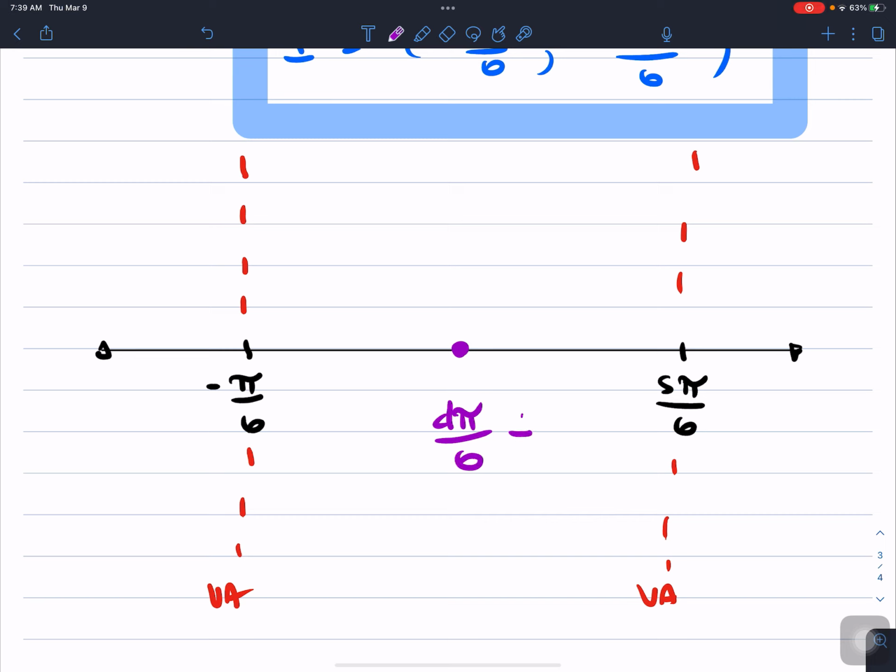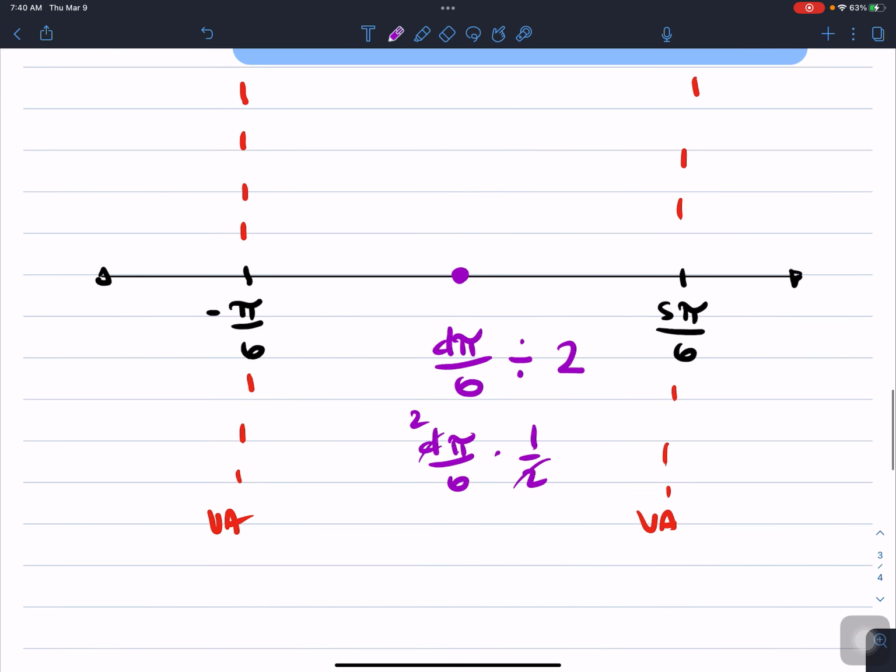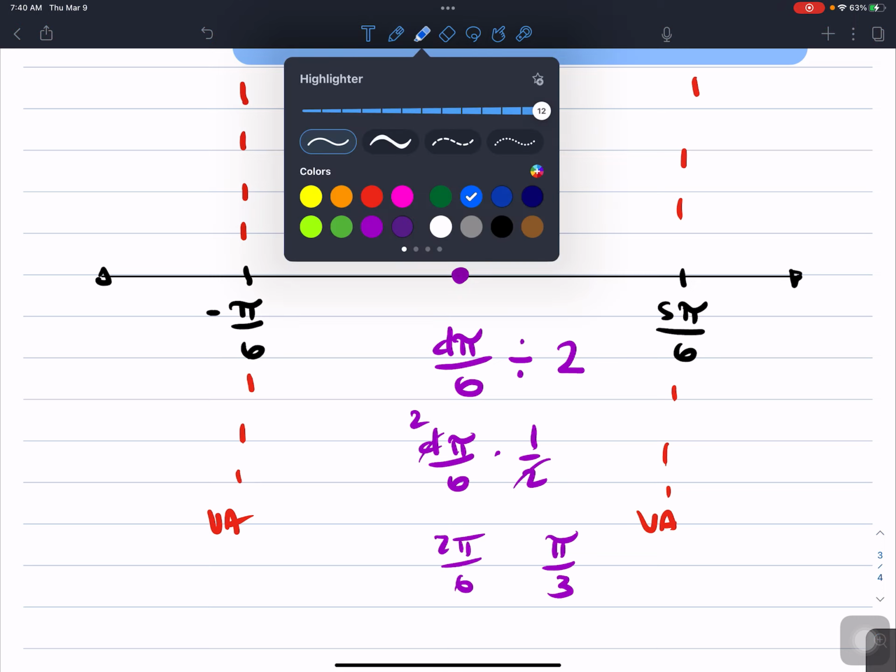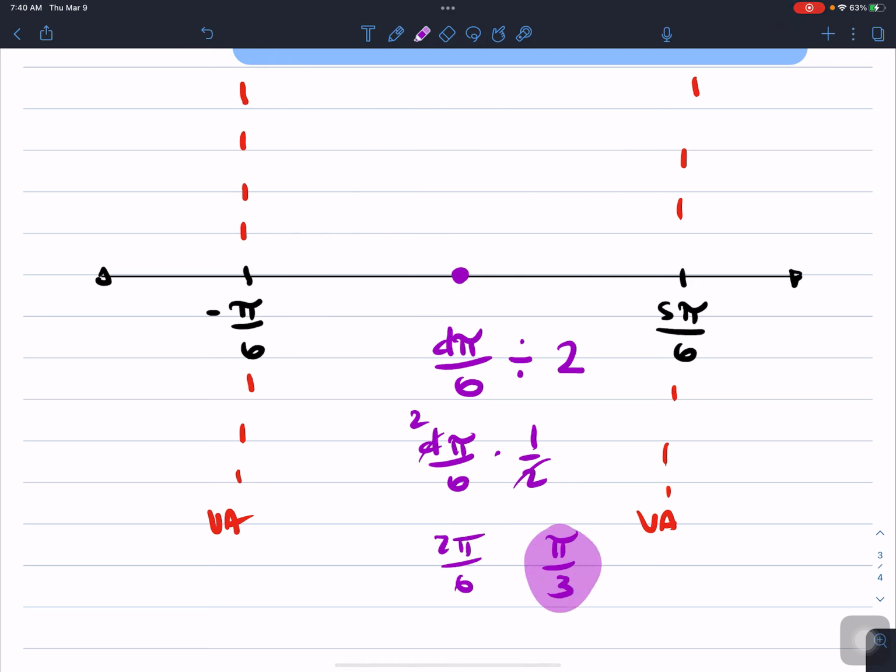Don't forget to divide by what? 2. Isn't that 4 pi over 6 now times our what? 1/2. 2 goes into 4 twice. So you say, I have 2 pi over 6, which gives me what? Pi over what? 3. Okay? Pi over 3.